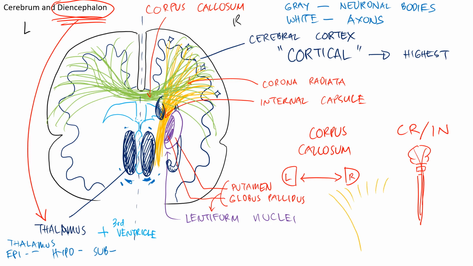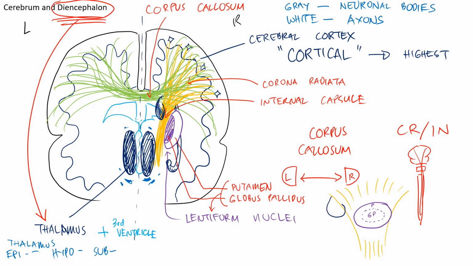So if you look at it on the sagittal view, if this is your corona radiata and this is your internal capsule, your lentiform nucleus is here. You have your globus pallidus and your putamen there. And so your caudate nucleus looks like this.